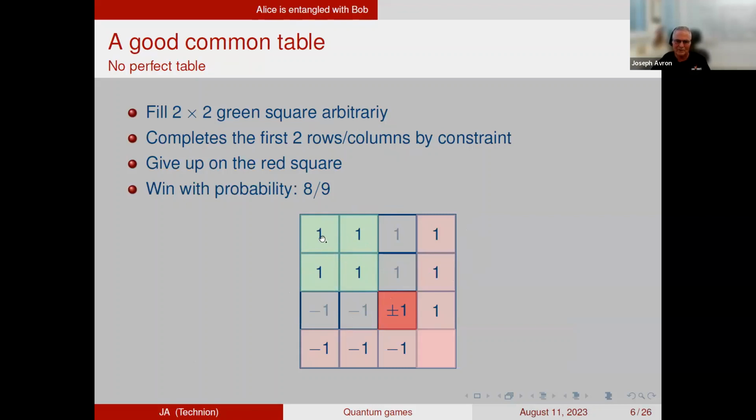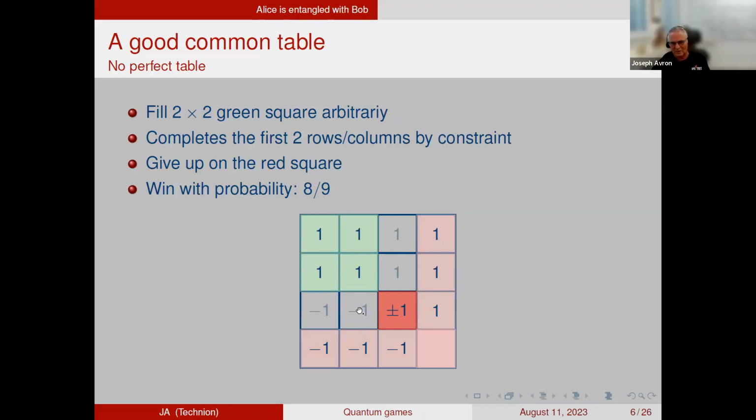For example, I fill it with 1, 1, 1, 1. And now Alice will complete the first row to satisfy the constraint. So she would put here 1, and she would complete the second row to satisfy her constraint. She put here 1. And Bob would satisfy the constraint by filling this column, so he would put -1 here, and he would put -1 here.